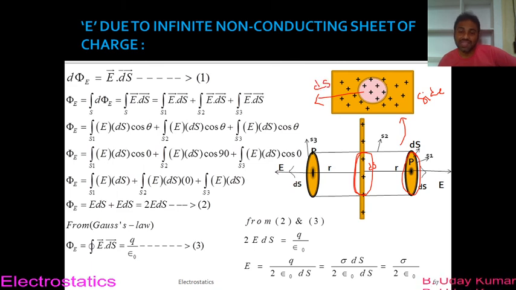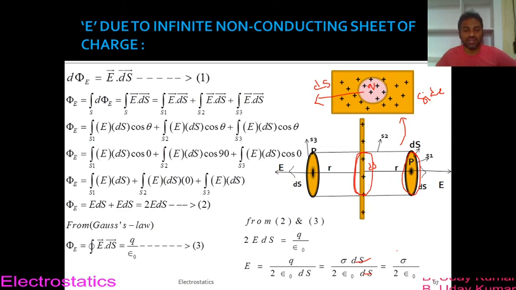The same ds will be present even on the sheet of charge. If the charge present on that ds is taken as q, I can write sigma as q by ds, and you can write q as sigma into ds. If I cancel this ds, you get sigma by 2 epsilon 0. So this will be the electric field intensity due to a non-conducting infinite sheet of charge.